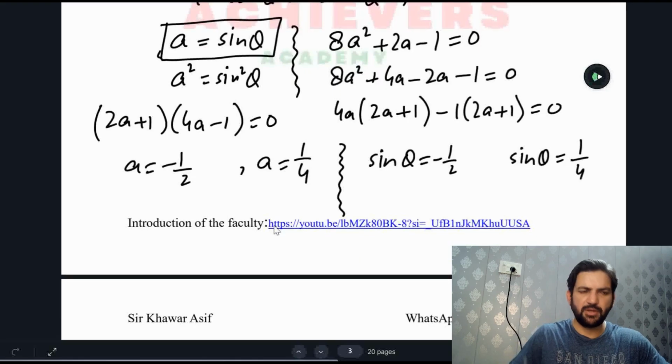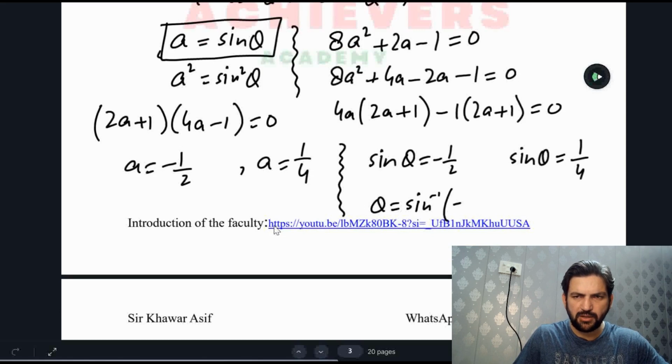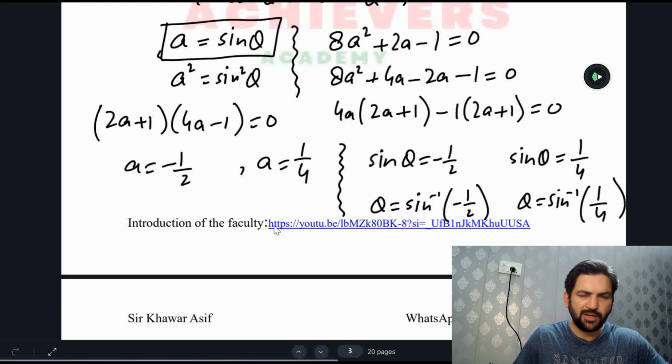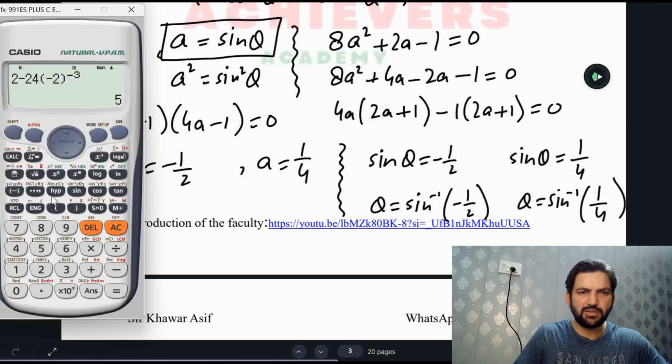So theta will be equal to sine inverse of minus 1 by 2, and the other one is theta equal to sine inverse of 1 by 4. We can say for sure that minus 1 by 2 is not a rational number.